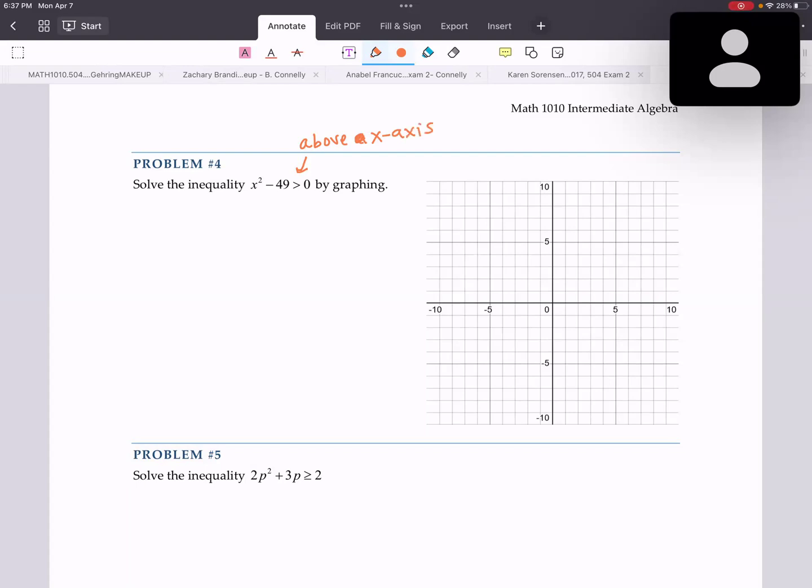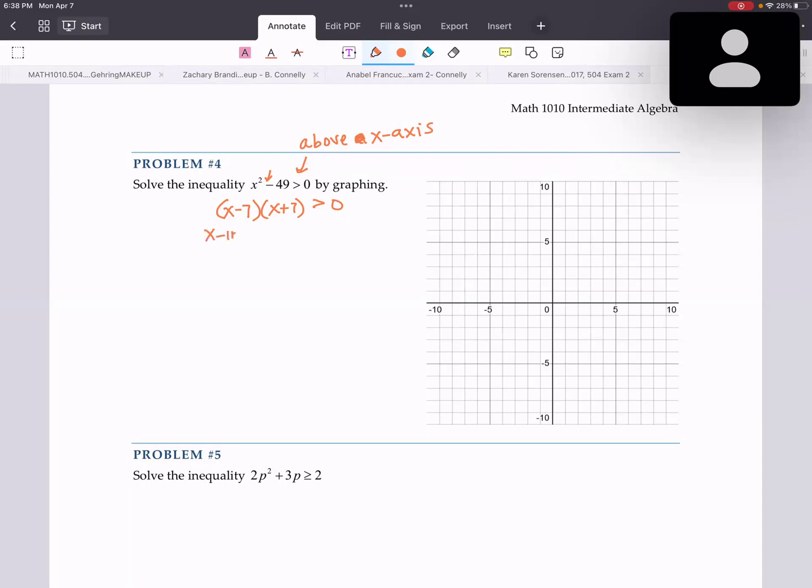But if it was an equal sign instead of an inequality, then we would factor this. So here, what times what is -49 that adds to be 0, because there is no middle term in there? Well, that would be -7 and +7. So these are telling us where our x-intercepts are.